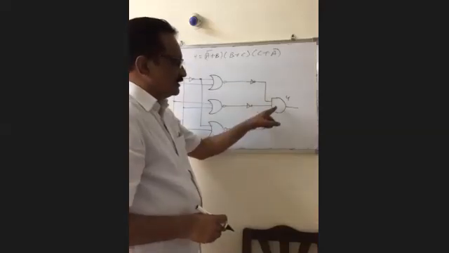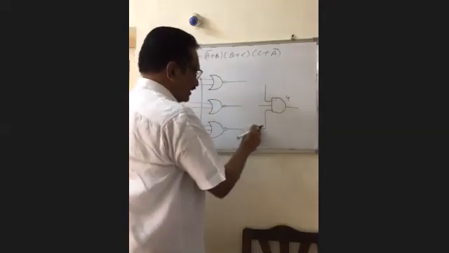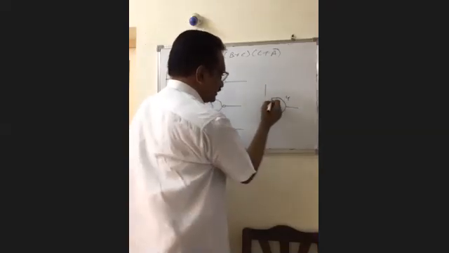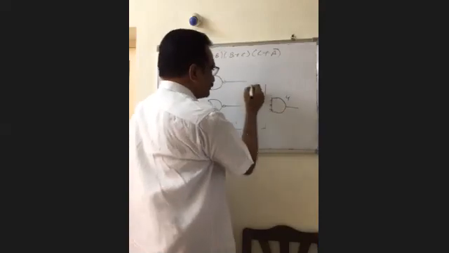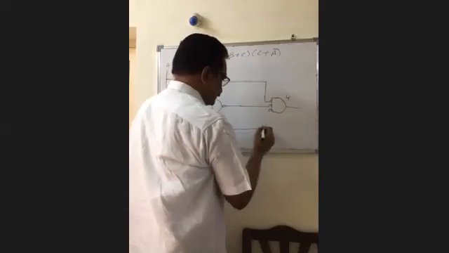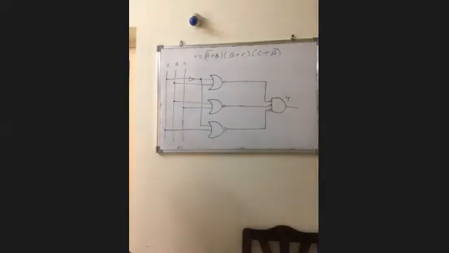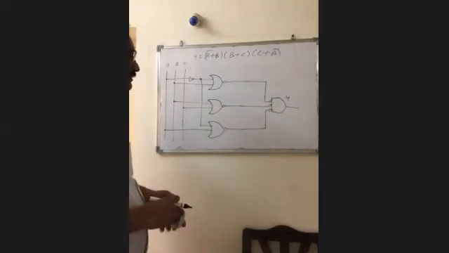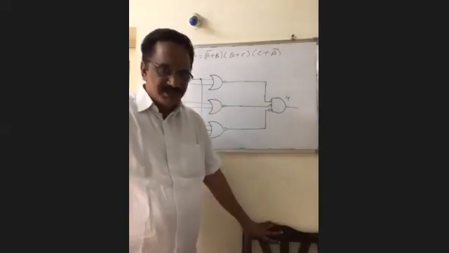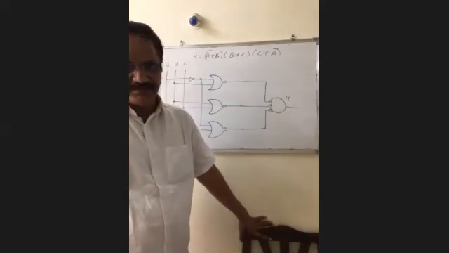So at each input of the AND gate, there is one NOT gate. So replace the NOT gates with the bubbles at the input of the AND gate. Draw here bubbles. According to the De Morgan's theorem, bubbled AND gate is equal to the NOR gate.